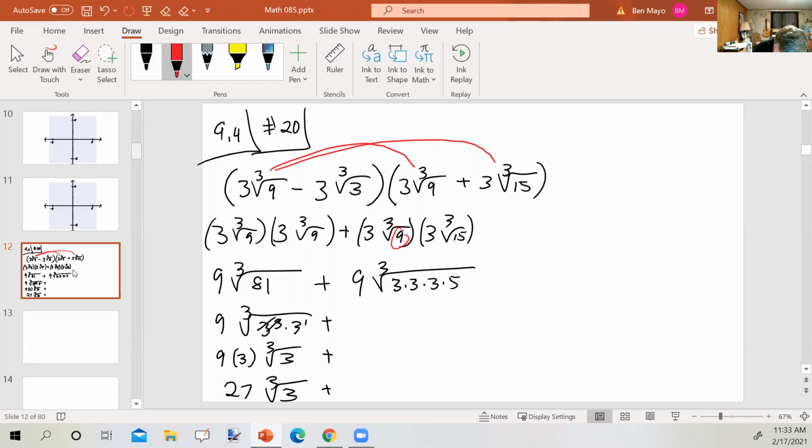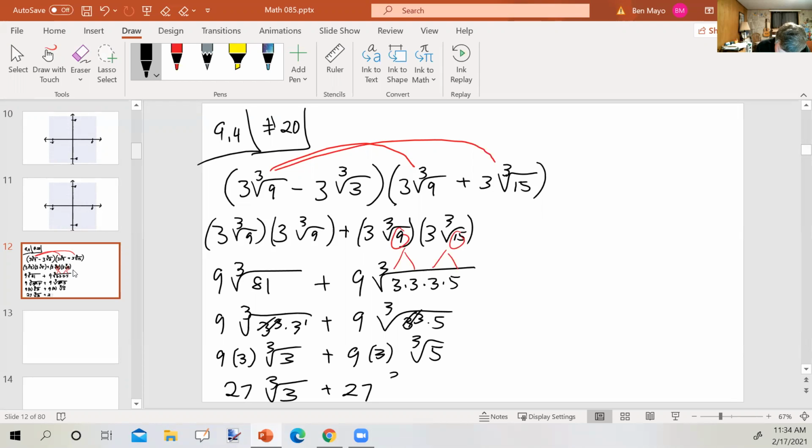So I'm pulling this down into here and this down into there. So that would be 9 cube roots of 3 cubed times 5. The cube root of 3 cubed would be 3, and then I've got the cube root of 5 left over, so 27 cube roots of 5. So there's our second product. Any questions there?